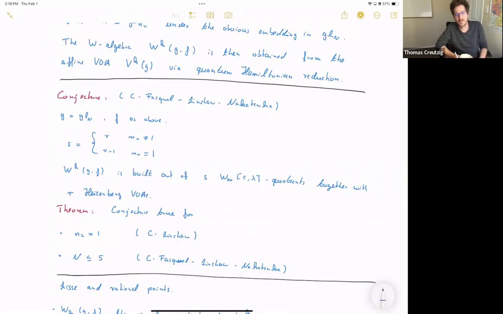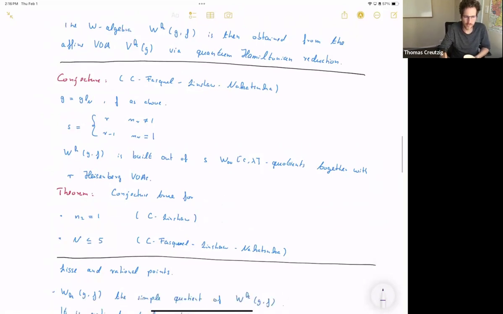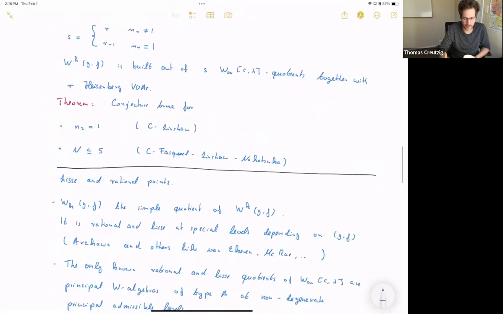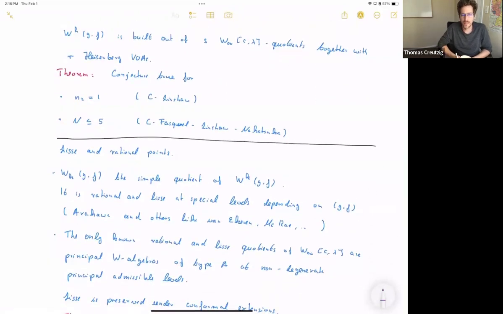And so we call those VOAs lisse, or lisse and rational if we also want semi-simplicity, or lisse of so C2 cofinite, right? Because lisse VOAs are those that have only finitely many simple modules, and that's of course really really nice.